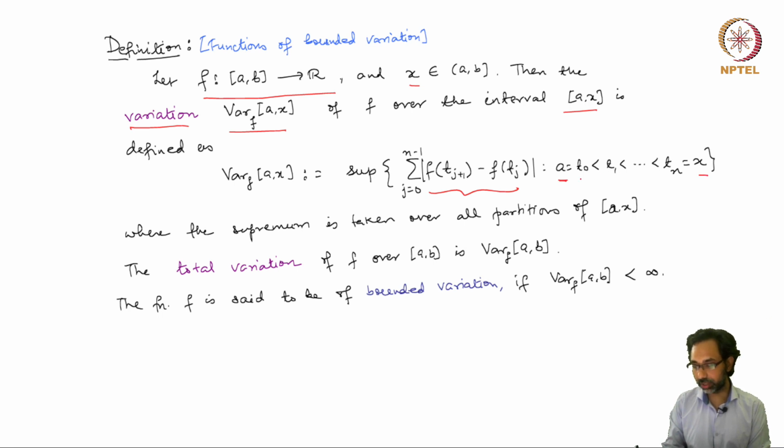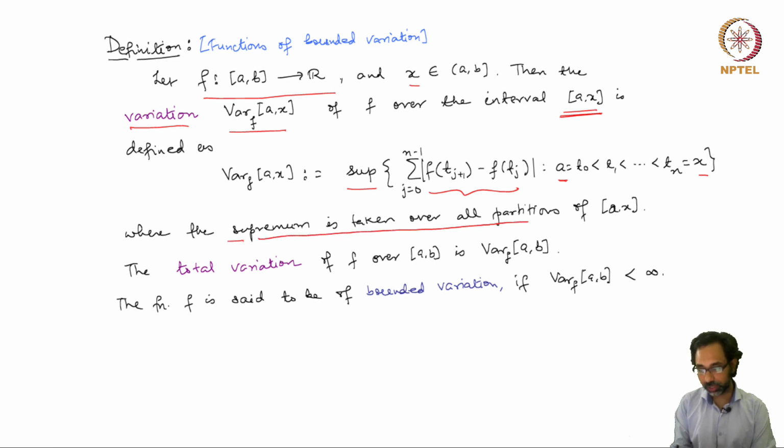So you take a partitioning t0, t1, up to tn of this closed interval a x, and then you can sum over all these differences of the function f over the endpoints of the subintervals, and then you take the supremum over all such partitions, and this gives you a quantity called the variation of f over this interval a x. Note again that the supremum is taken over all partitions of a x.